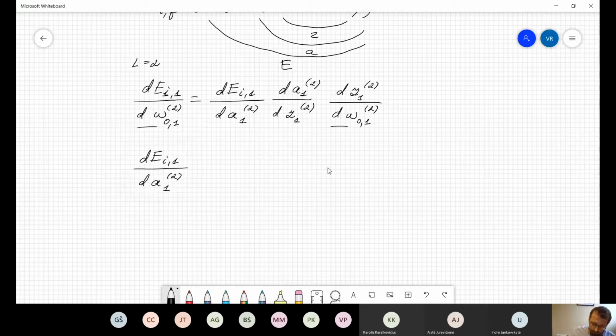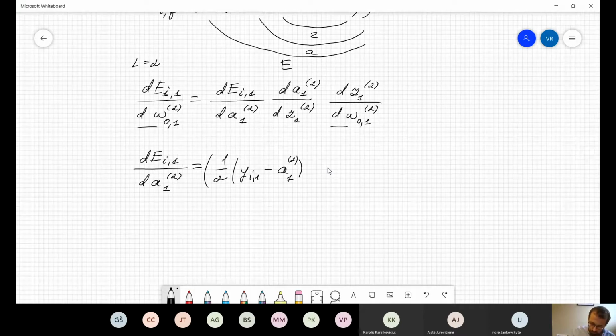So this is the derivative of one half, (y1 minus a1), all on the second, so these two guys are squared, and this is the derivative of this term.